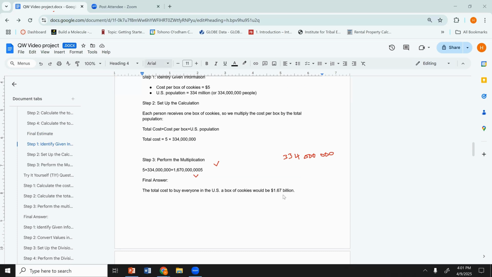That's what it will cost you. This one is just a random number that appeared here, so this shouldn't be here. This question really just needs the cost of a box of cookies and the population. So you just multiply them and you have this number right here, and we can rewrite this as 1.67 billion.